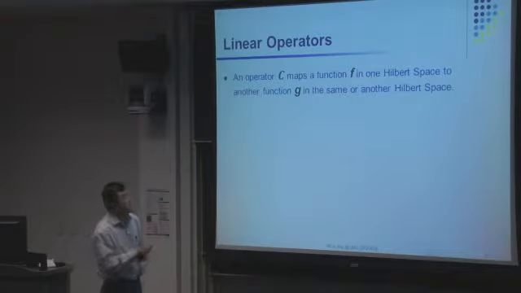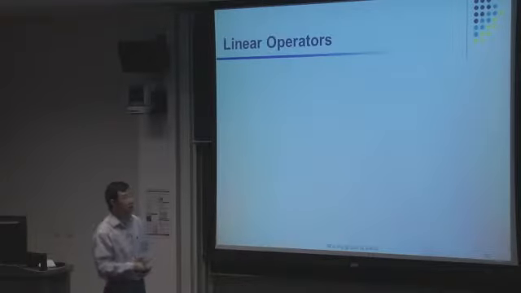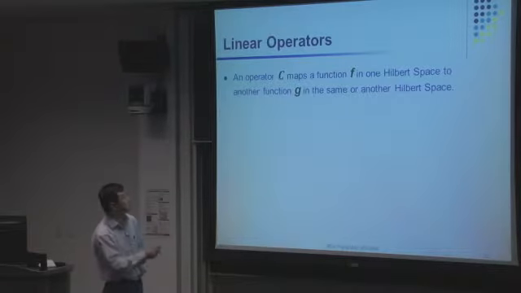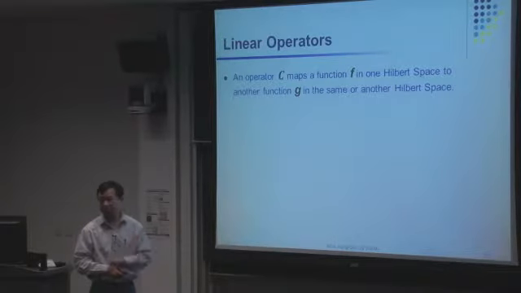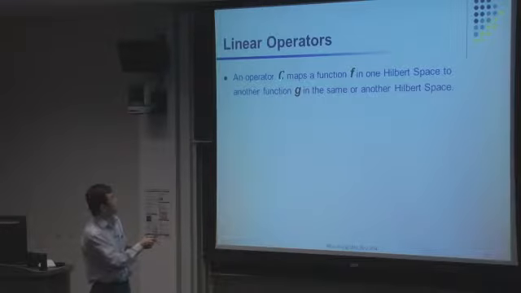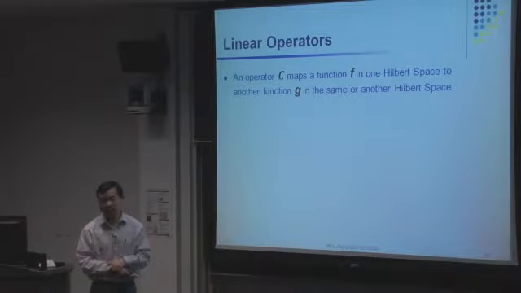So this is an operator called the inner product. We can have other operators. Here we define an operator C, and in the Hilbert space language, operator C is mapping a function f in one Hilbert space to another function g in another Hilbert space. These two Hilbert spaces are different.